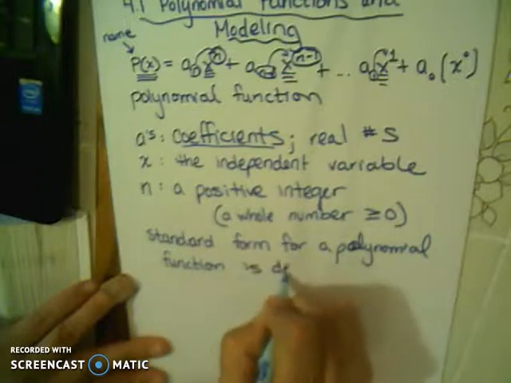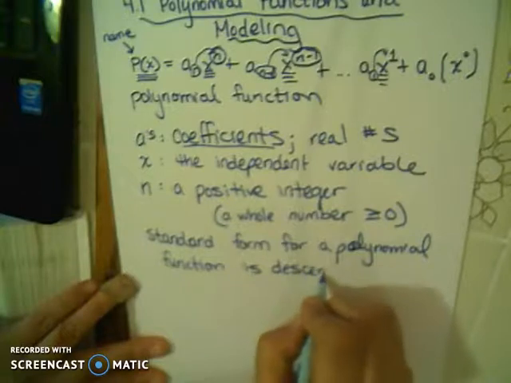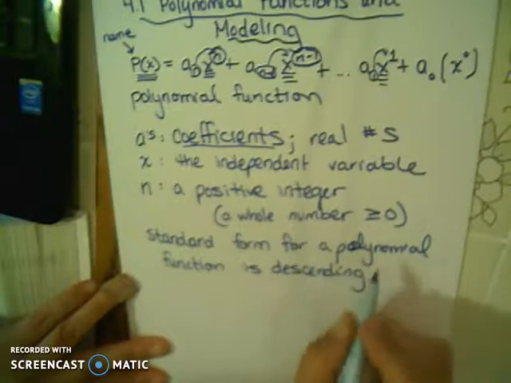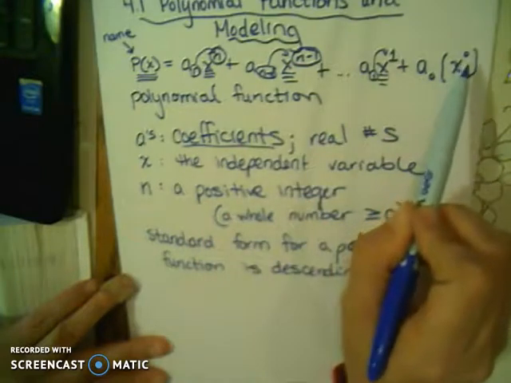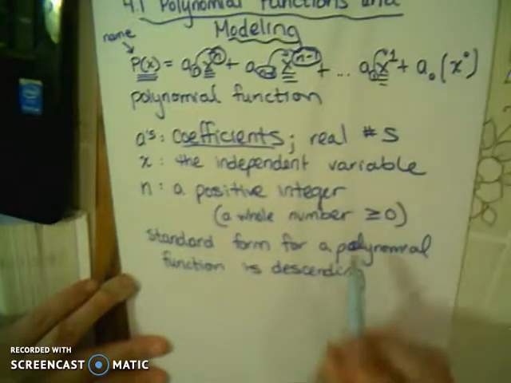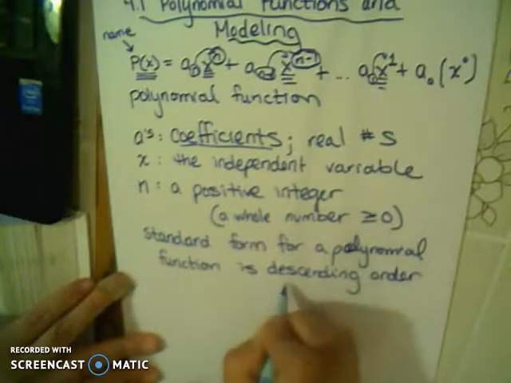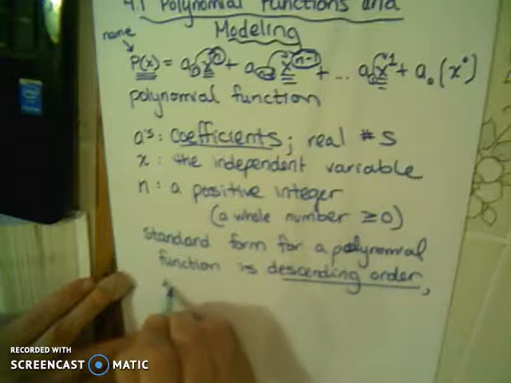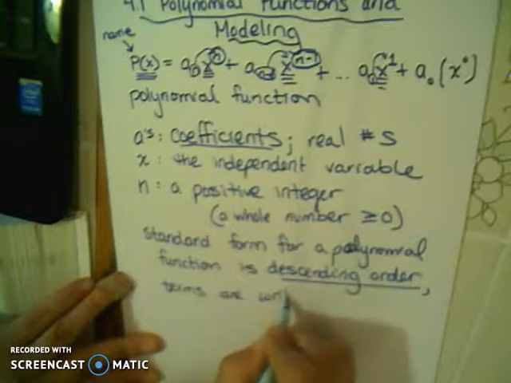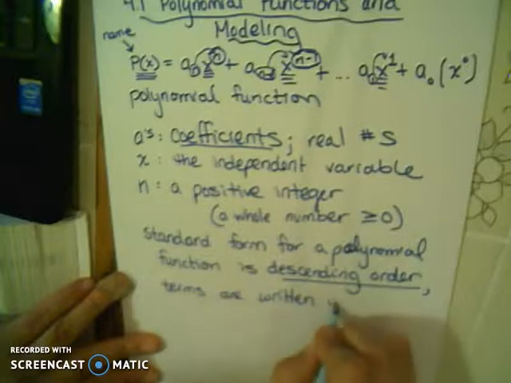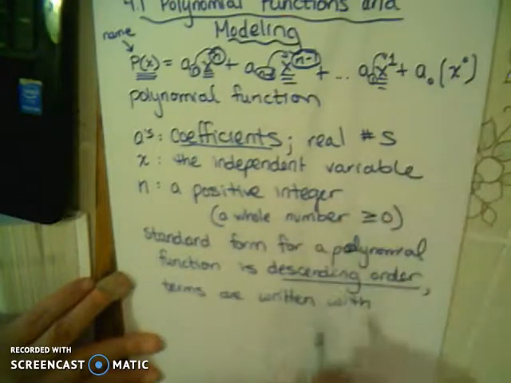Descending order means we start with the term that has the biggest exponent, and we work our way down in order until we get to and finish with the term that has the smallest exponent. So descending order means the terms are written with the exponents in order from largest to smallest.